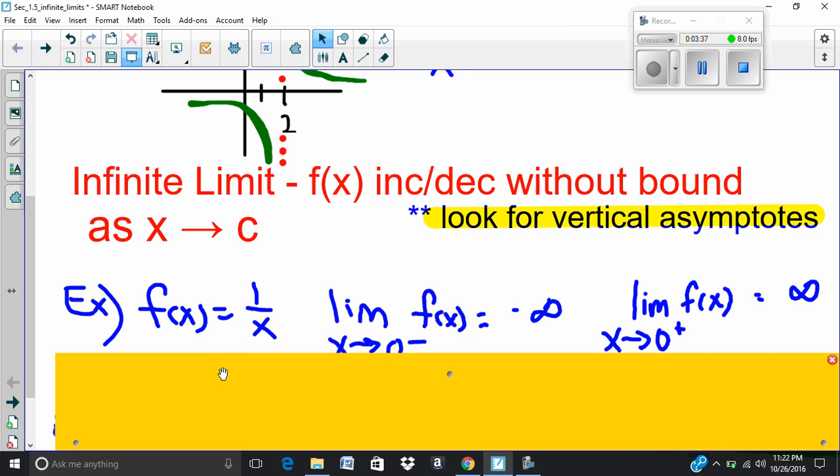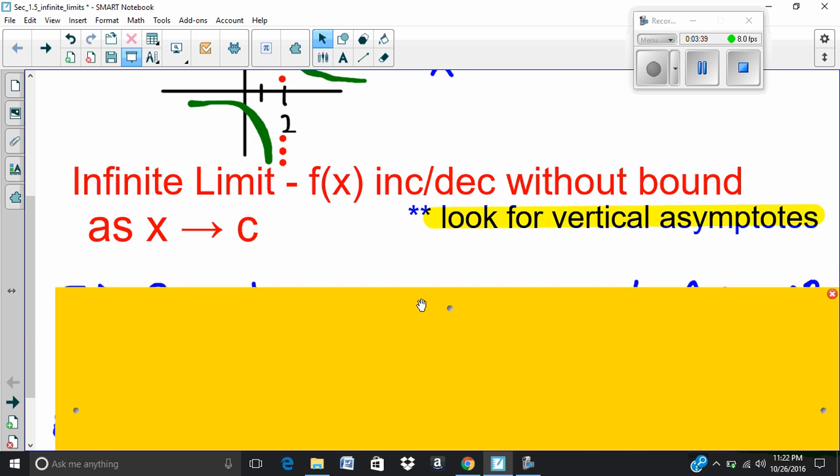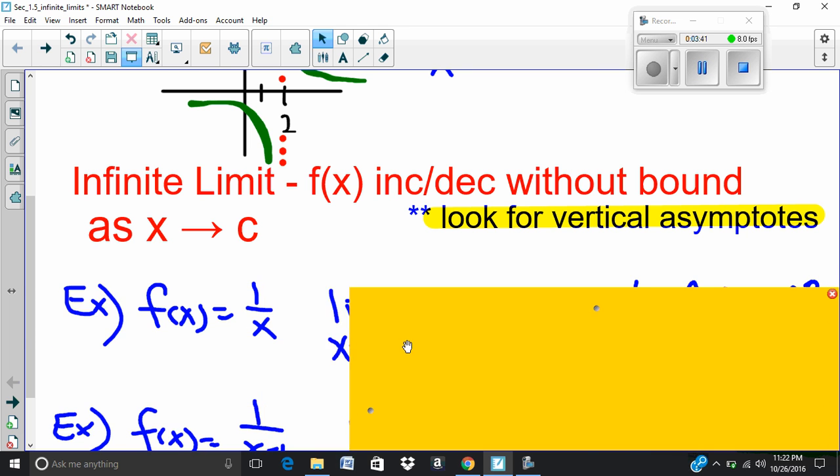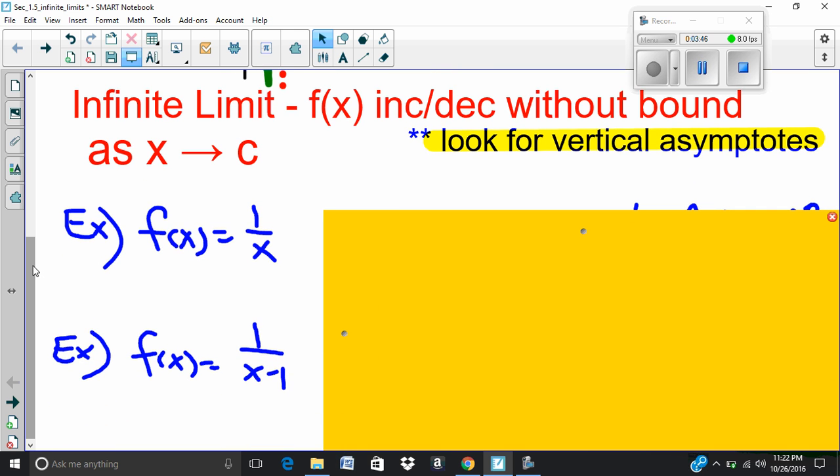It's kind of weird. So as we take a look at a couple of examples here, again, a lot of what we're going to be looking at are rational functions. Something where the denominator has the variable in it, like 1 over x. Graph that in your graphing calculator.